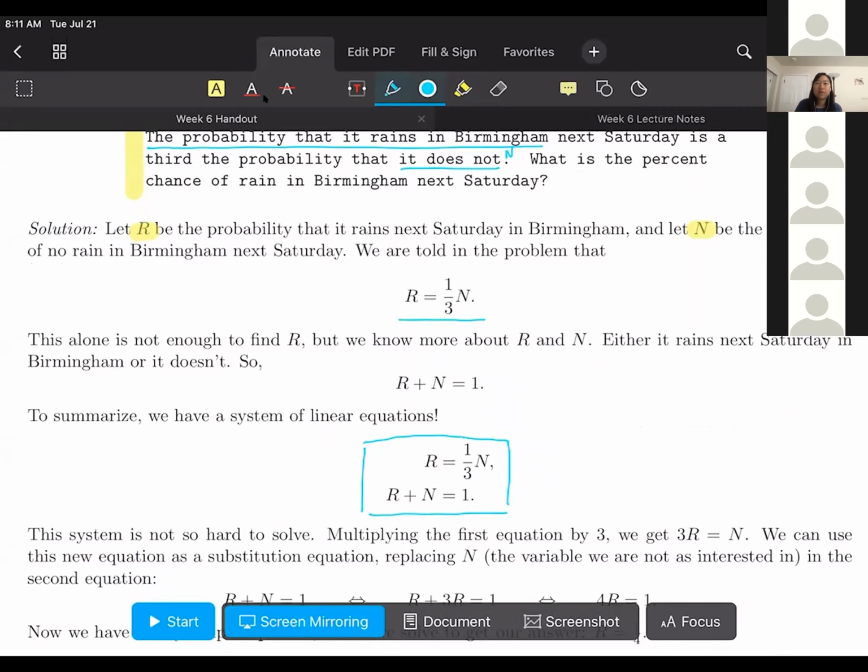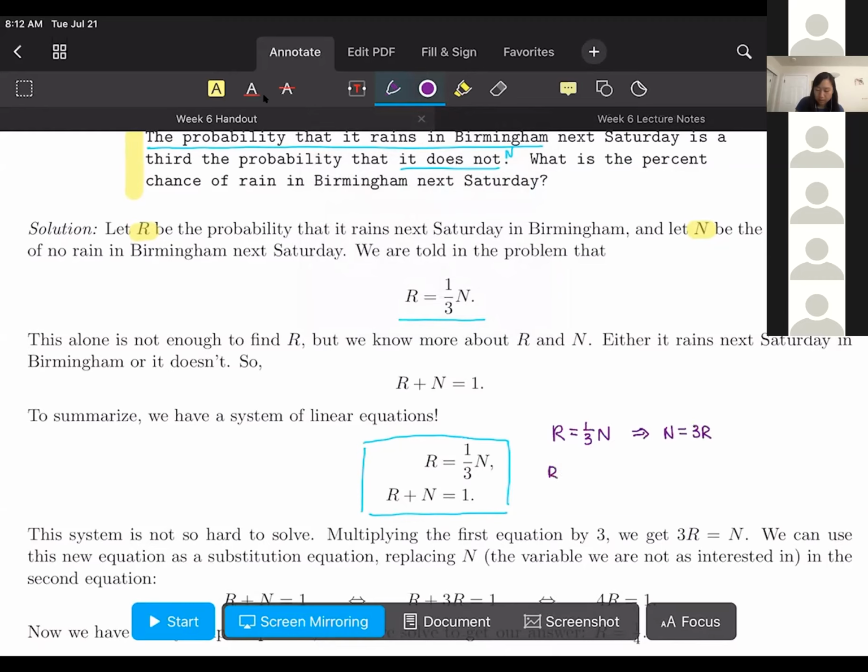And remember, we're trying to find R because it says what is the % chance of rain in Birmingham next Saturday. So we might substitute for N. From R equals 1/3 N, we can say N equals 3R.